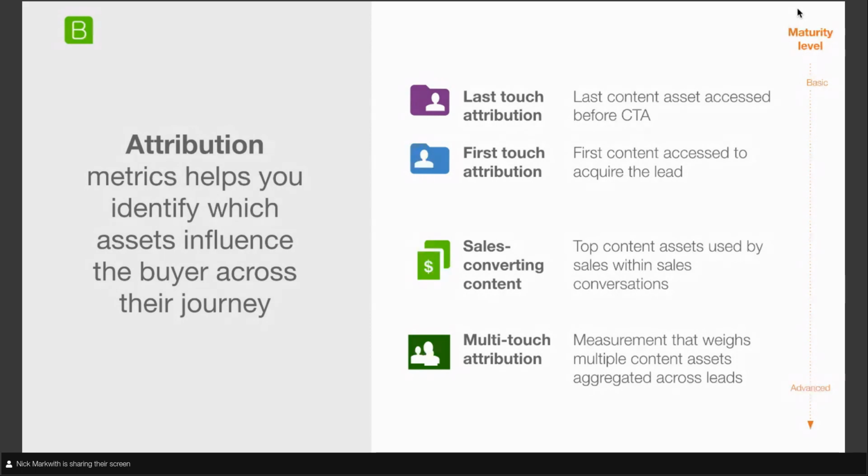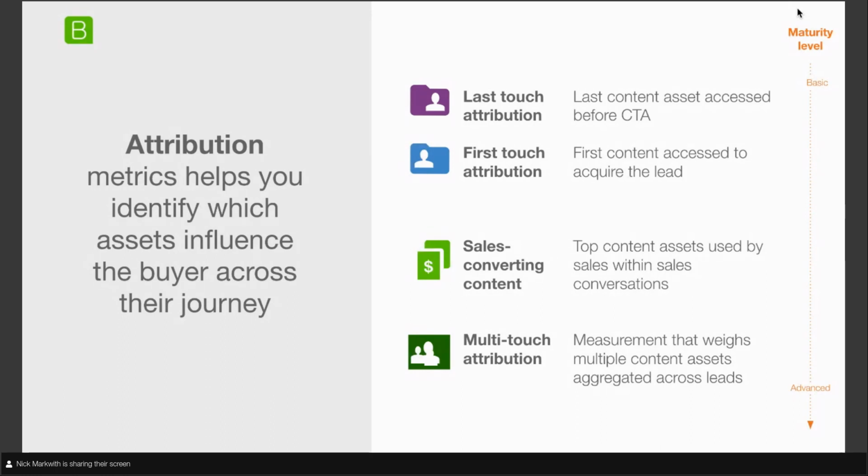Lastly, multi-touch attribution. This takes the strengths of last touch and first touch, but looks at every single touch that a lead has against your content and weights it depending on how you want to weight it. It could be evenly, it could be not, but it's about understanding how content influences across a journey over time.